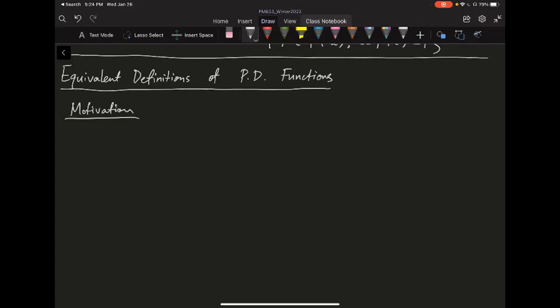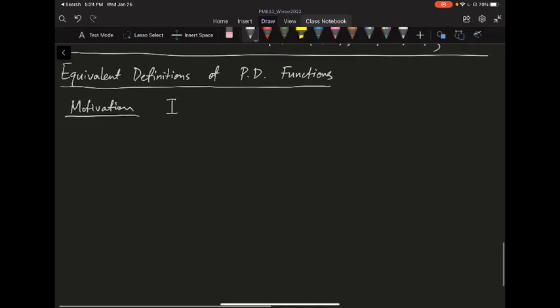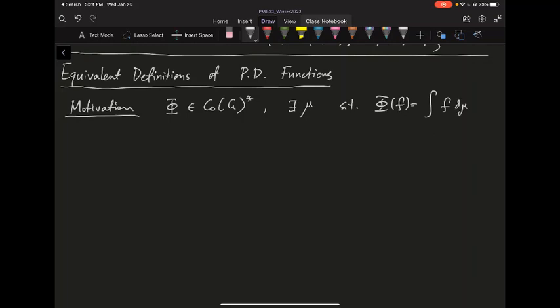All right, so if you recall the representation theorem, if I have a phi inside the dual space of C0 of G, then the representation theorem tells you there's a Radon measure so that phi of a function is given by the integral against this measure.